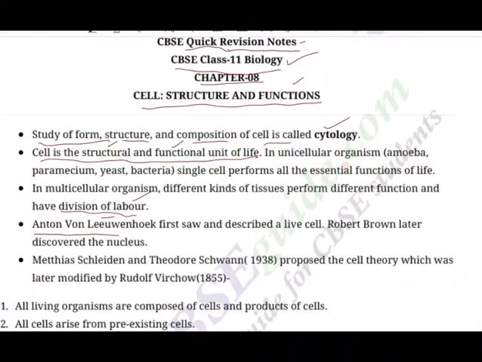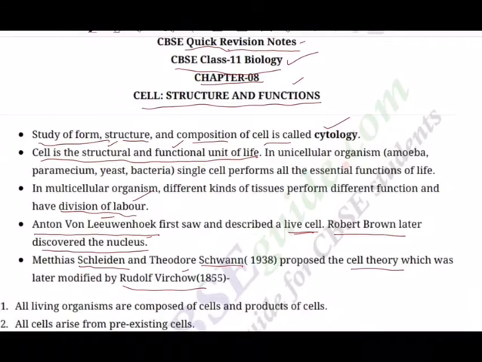We must be thankful to this gentleman, Anton van Leeuwenhoek, who first saw and described a live cell. Robert Brown is credited with the discovery of the nucleus of the cell. And two scientists, Schleiden and Schwann, in 1838 proposed the cell theory, which was of course modified by Rudolf Virchow.